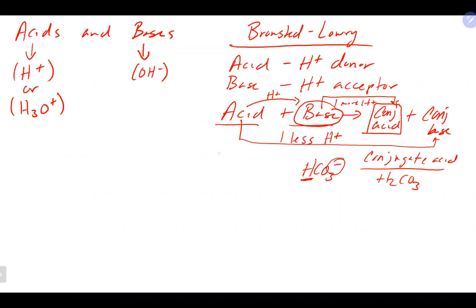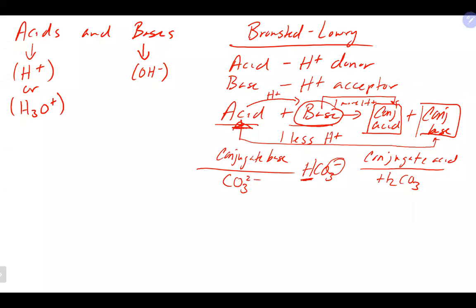If we were looking for the conjugate base, its partner would come back this way to the acid, which means the acid should donate the H plus. When we take the H plus off, that is CO3 2-, which is carbonate.